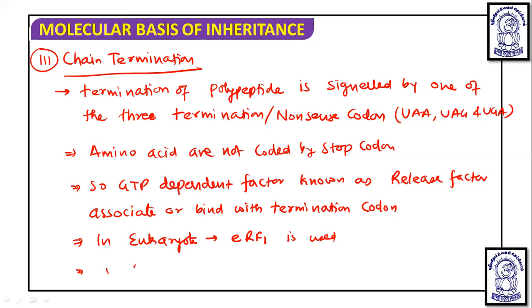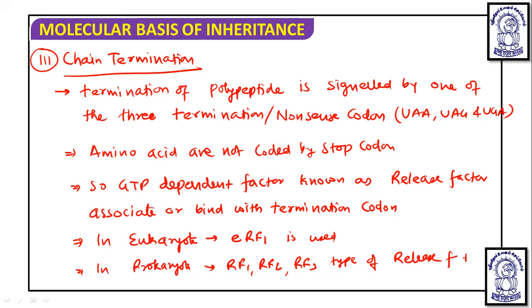But in prokaryotes, actually three types of release factors are found: RF1, RF2, and RF3. And this release factor binds with the stop codon and releases the complete polypeptide from the ribosome.